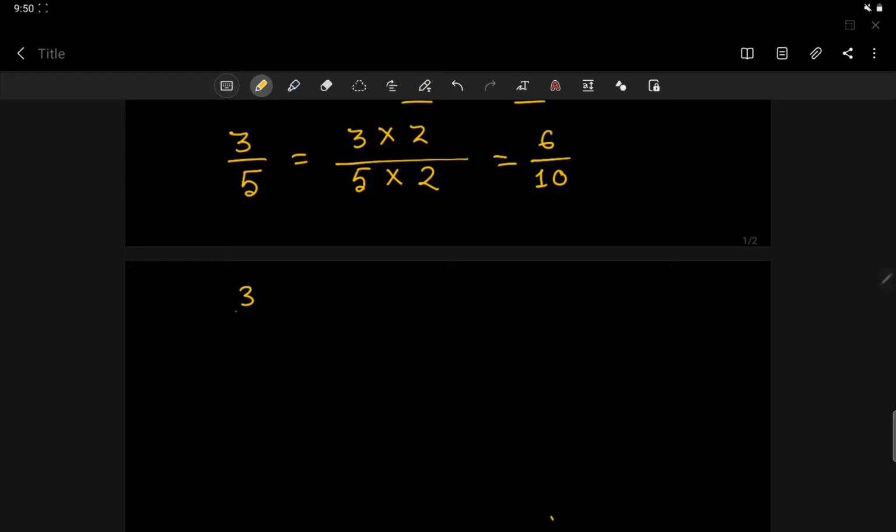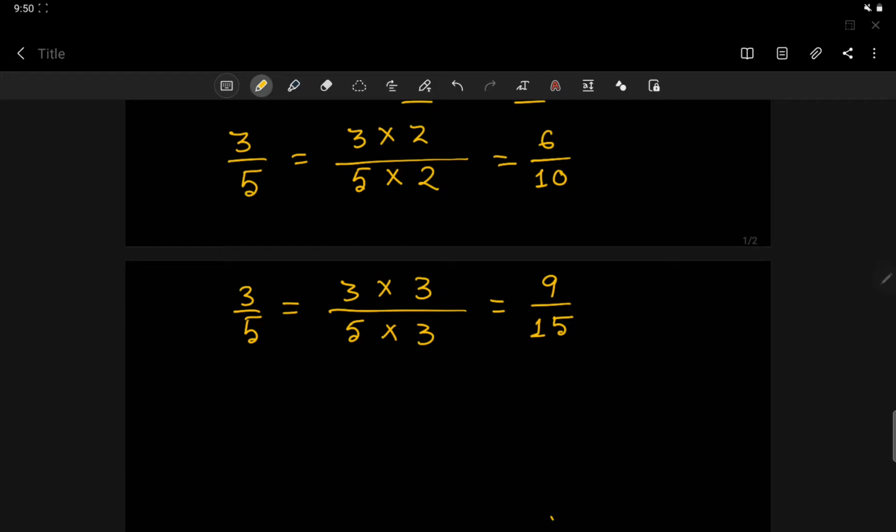Again, 3/5, if I multiply the numerator and the denominator by the same number, now multiplying by 3, then it will come 9/15.